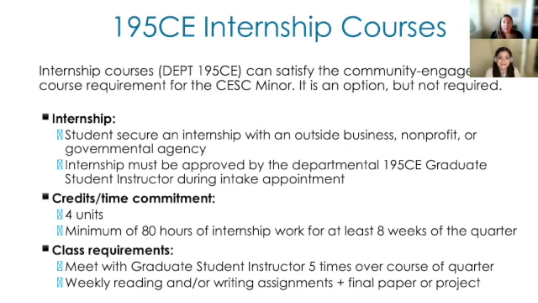And the class requirements, like I mentioned, are listed below. The first meeting you have with your grad student instructor, the intake appointment, does count as one of the 5 meetings over the course of the quarter. And most students meet with their grad student like week 1 for the intake appointment, and then on the odd weeks until they hit those five meetings.